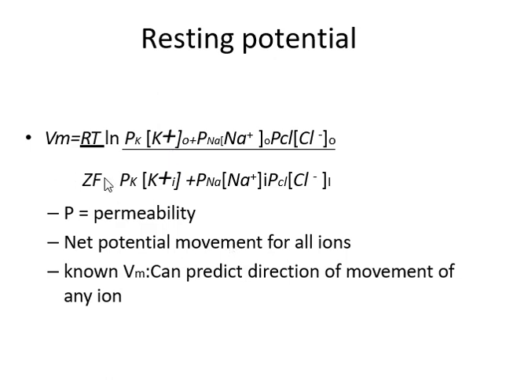This is the equation of the resting potential, where P denotes the permeability and the net potential movement for all ions. Now Vm can predict the direction of movement of any ion. The resting potential ranges from minus 80 to minus 70 millivolts. Resting potential is a negative potential.